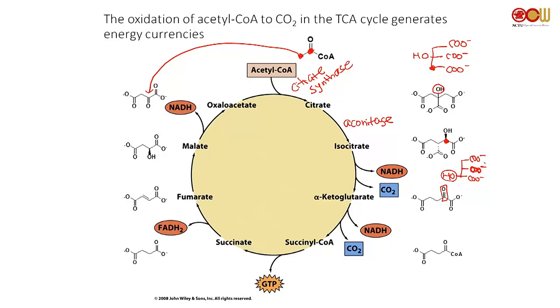Because it has resonance, a beta keto acid in general is unstable. So you will kick out this particular CO2 such that you get alpha ketoglutarate. And this enzyme is called isocitrate dehydrogenase.